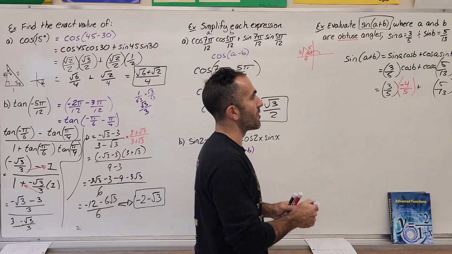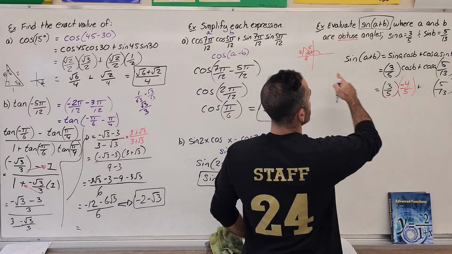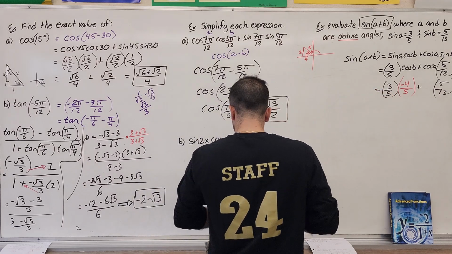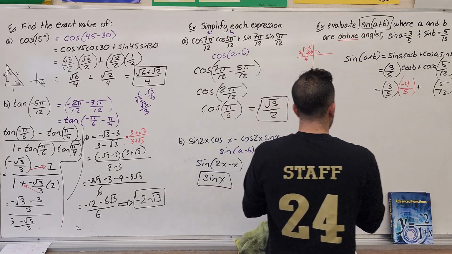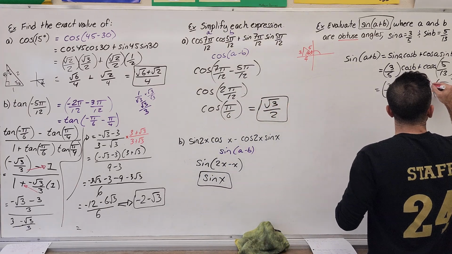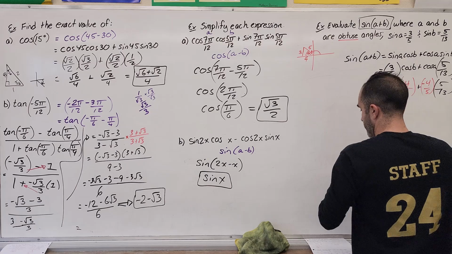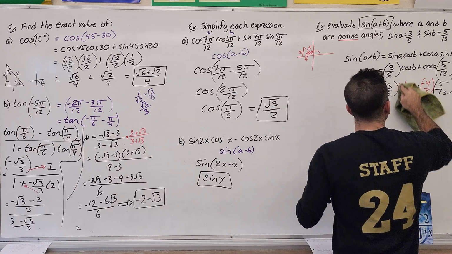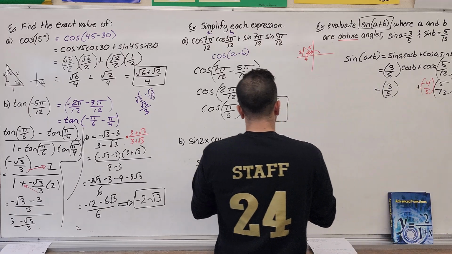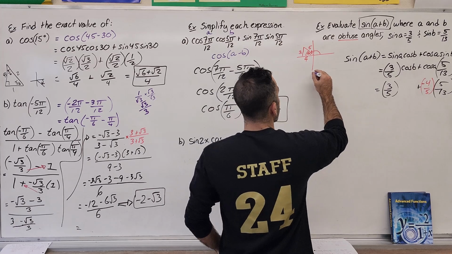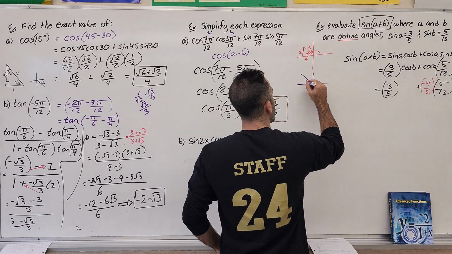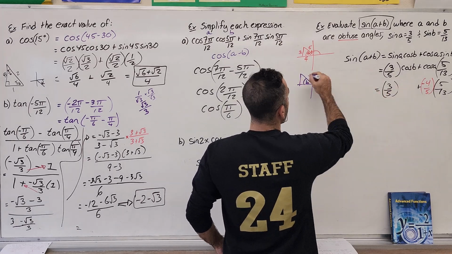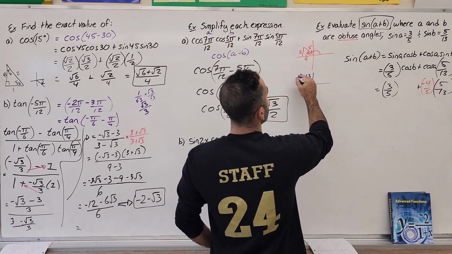Now I got to do the same thing with the other angle. Sorry, is this A or B? That's wrong. That's cos B. Okay, we'll deal with B right here. It's the same scenario except with a B, and my hypotenuse is 13 and my opposite is 5.